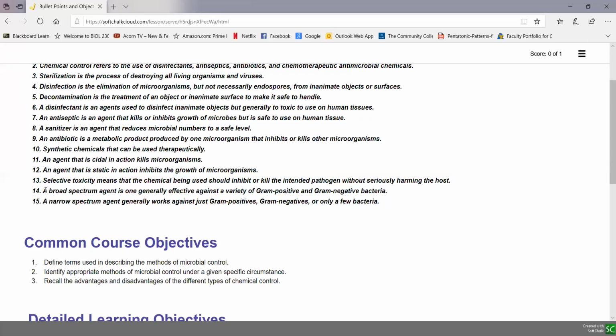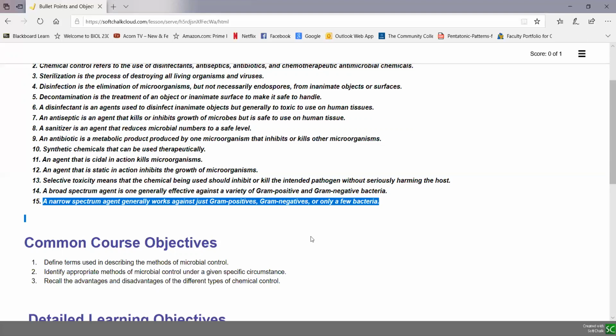A broad spectrum agent is one that's generally effective against a variety of gram-positive and gram-negative bacteria. A narrow spectrum agent generally works against just gram-positives, just gram-negatives, or only a few bacteria.